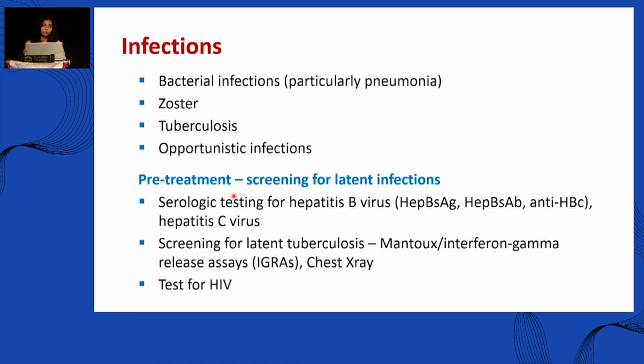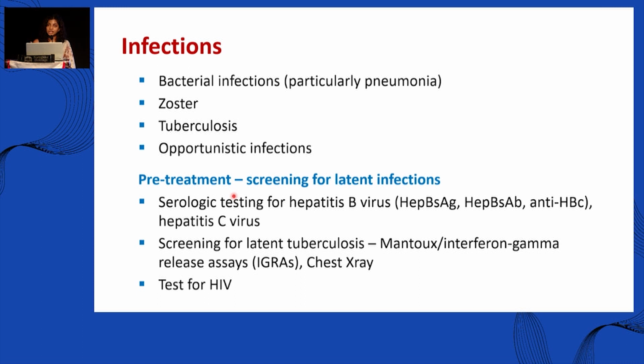So what do we do? We need to screen them before starting treatment. And we need to screen for other latent infections, including hepatitis B and hepatitis C. We often make the mistake of just doing a hepatitis B S antigen and an antibody.